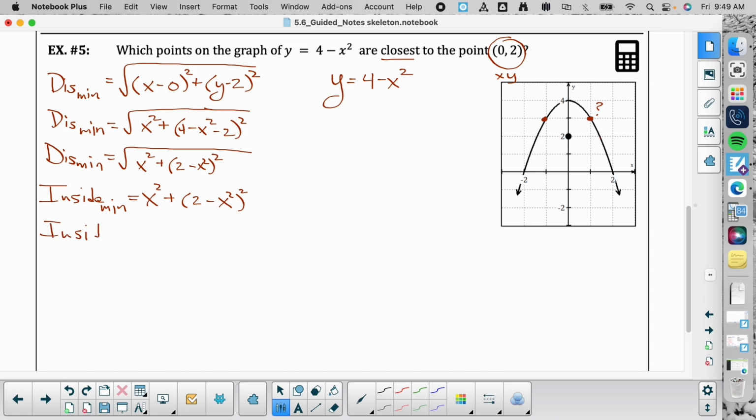The inside derivative would be 2x plus 2 minus x squared to the first times negative 2x. So what do I have? Negative 8x, and then plus 4x cubed.